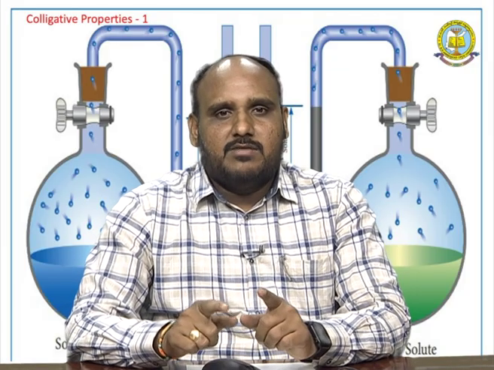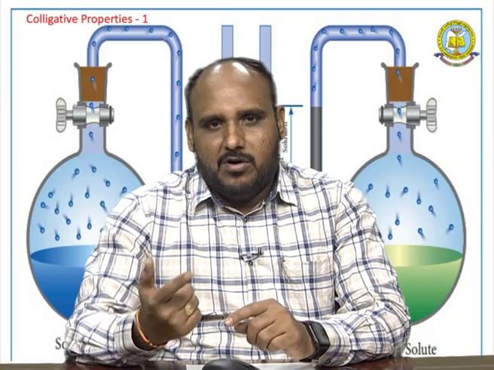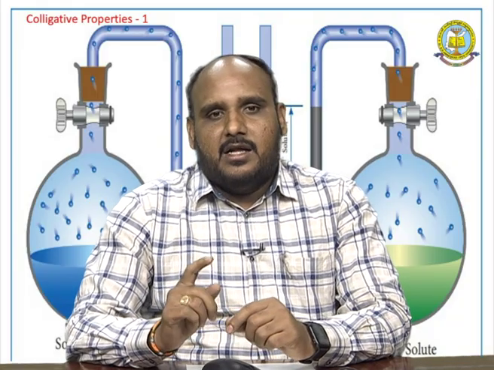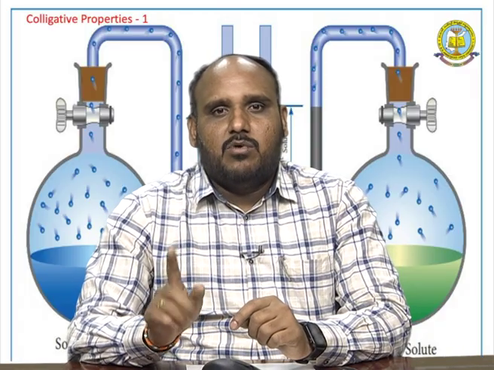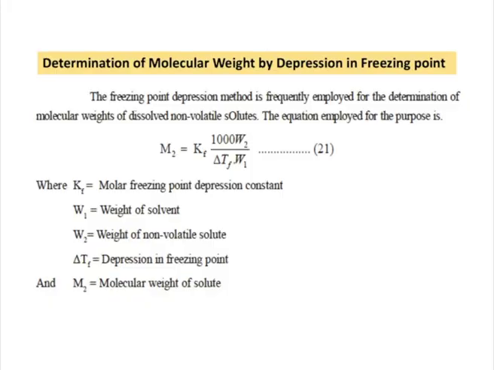The depression in freezing point is directly proportional to the molality of the solute, and the proportionality constant is replaced by a constant known as the cryoscopic constant, Kf. With the help of Kf, the molar mass of the solute can be determined.